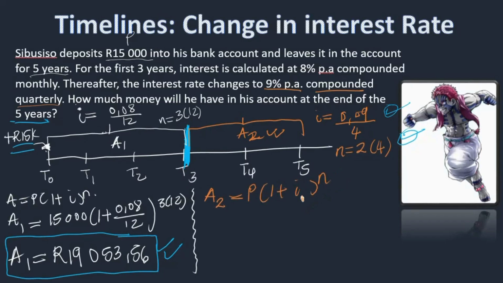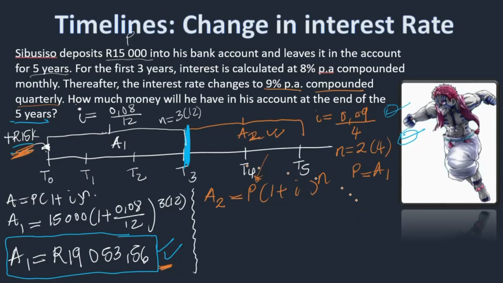Now, the only major thing that you need to understand here is the concept of P. That the P that I put here, it's not the 15,000, because at the end of year number 3, I no longer have 15,000. That 15,000 has matured into this amount. So now it means my P is equals to A1.